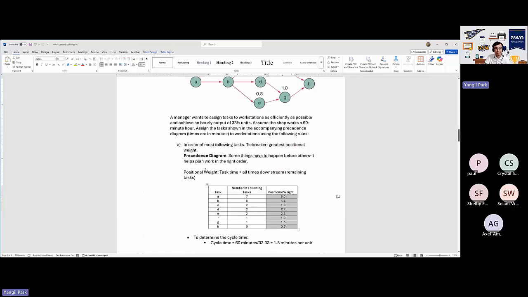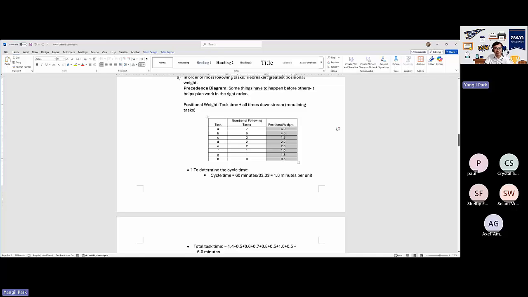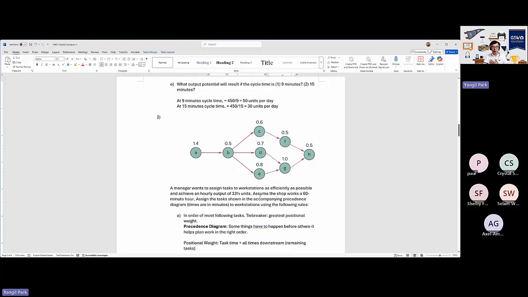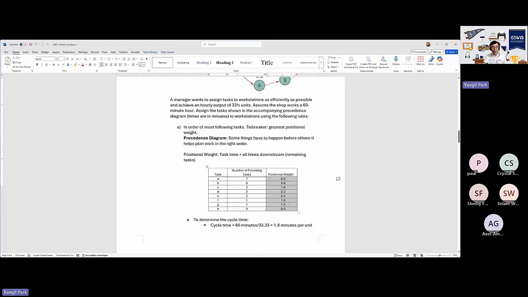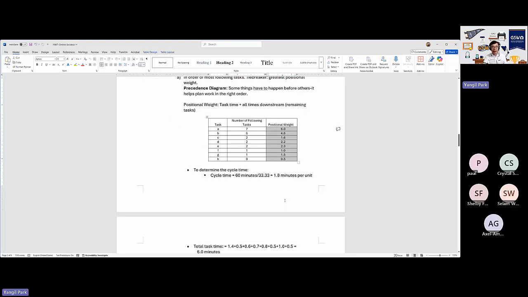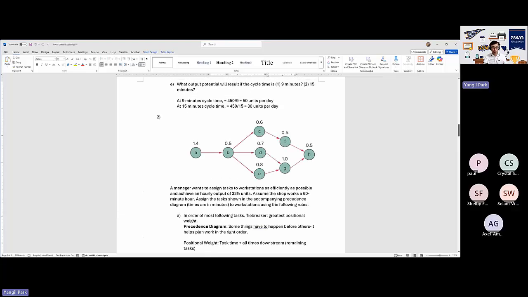All right, then we need to determine cycle time, right? So how long it's going to take to produce each unit. In this example, we have numbers given in terms of 60 minutes, right? 60 minutes for the period. Then we have the output.